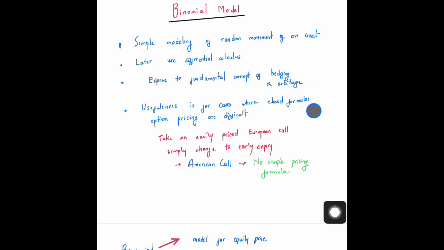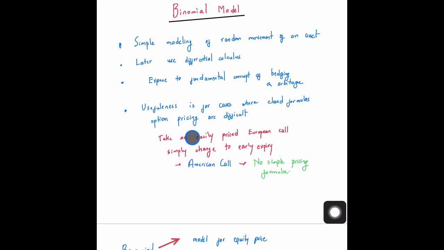This method is also useful for cases where there are no closed formulas available for option pricing, or these formulas are very difficult. In case you are looking at a simple option and you change one of the conditions, it becomes very complicated to evaluate, at least to get a closed form.